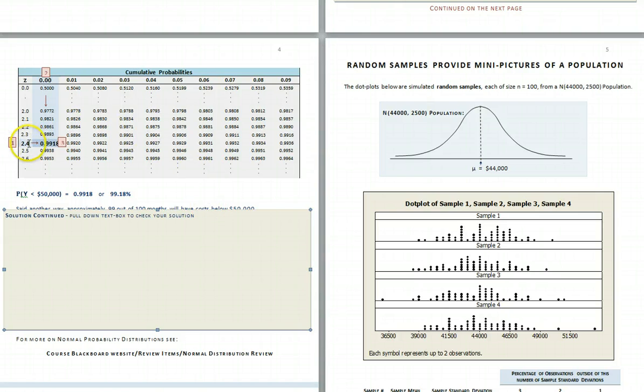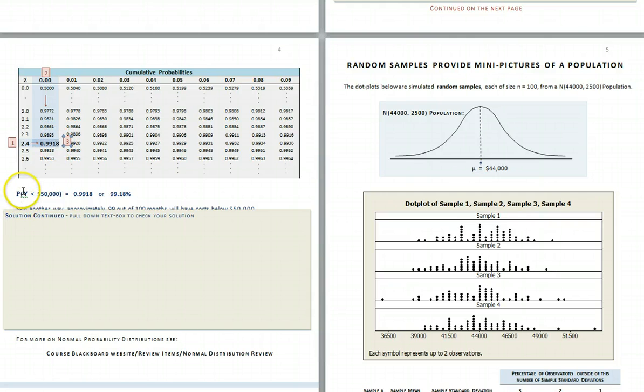Here we first entered to find the 2.4, looked up here to find the second digit, the 0.00. It's really that second 0 we're looking for, and at the intersection of the 2.4 row and the 0.00 column is the probability we're looking for. It looks like it's covered up a little bit there, 0.9918.